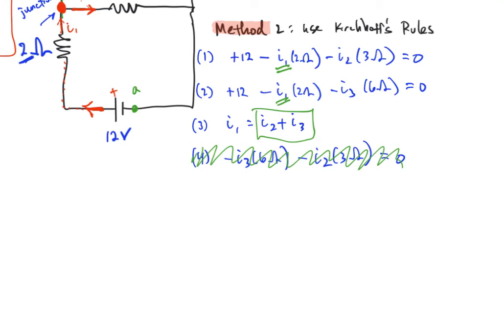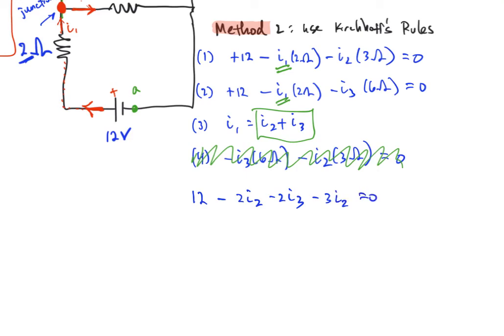It's going to look like 12 minus 2I2 minus 2I3 minus 3I2 has to equal 0. So this is the first equation.